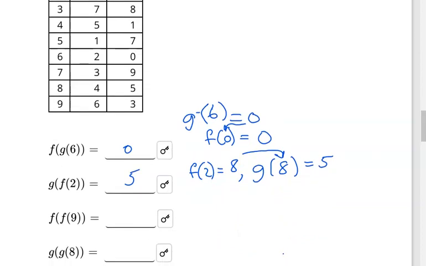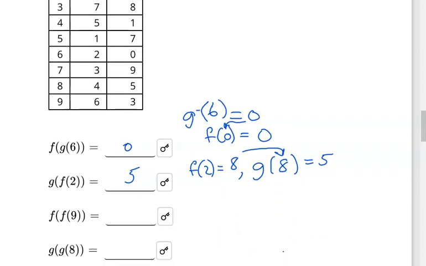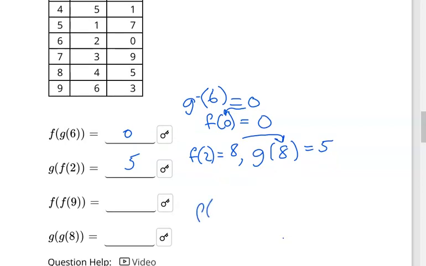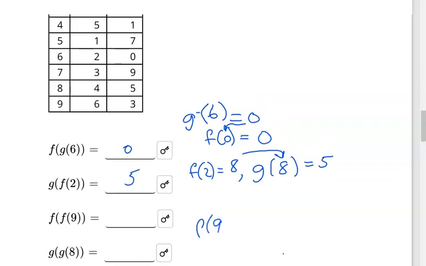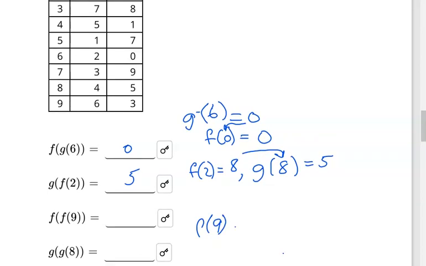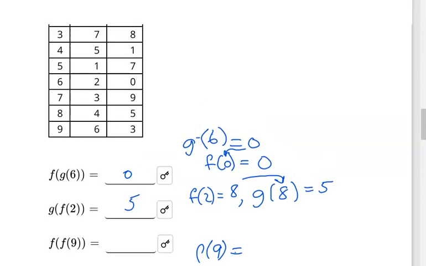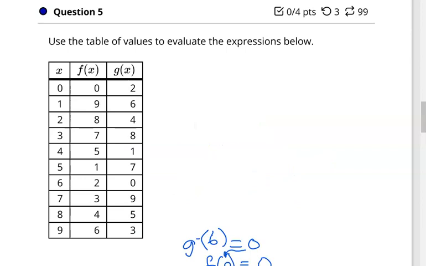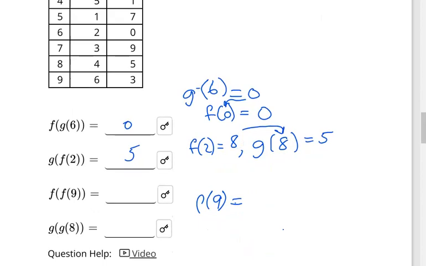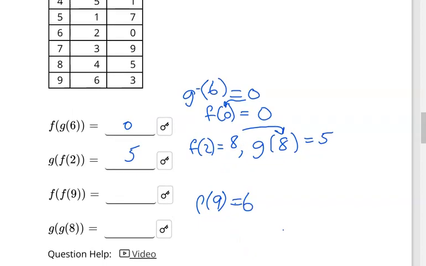f of f of 9. Well, let's find out what f of 9 is, working from the inside out. f of 9 is equal to, well, go up to my table. When I have a 9 coming in, I get out 6 for f. So f of 9 equals 6. And now, f of f of 9, well, that's f of 6.